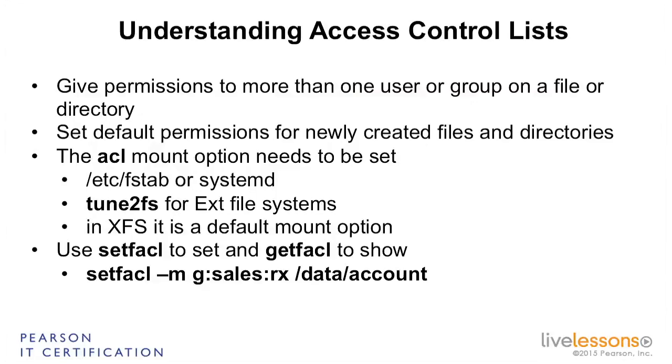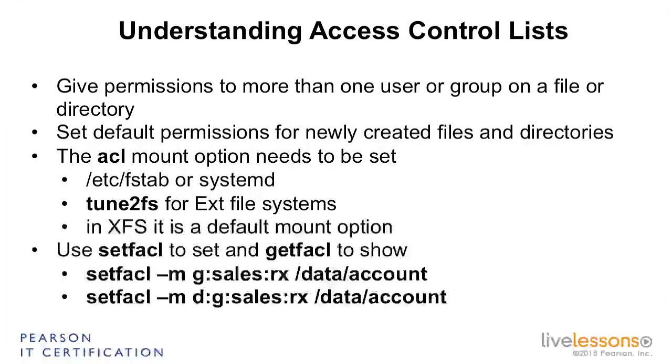Something else that you need to be aware of is that after setting an ACL, you also need to set a default ACL that takes care of all items that you are going to create later in the same directory. It is extremely important that you remember that in order to set ACLs properly, you need to use two commands. First, there is setfacl -m g: and so on, which takes care of already existing files.